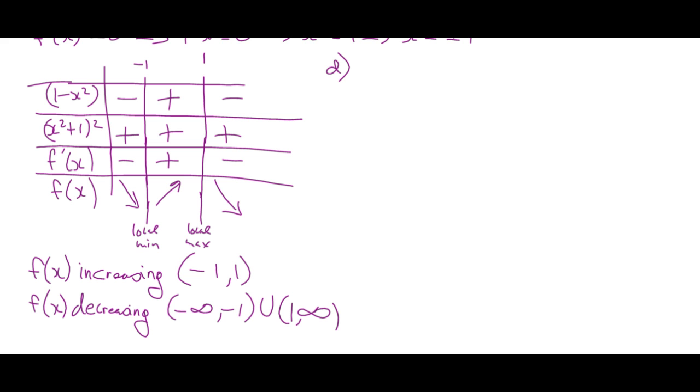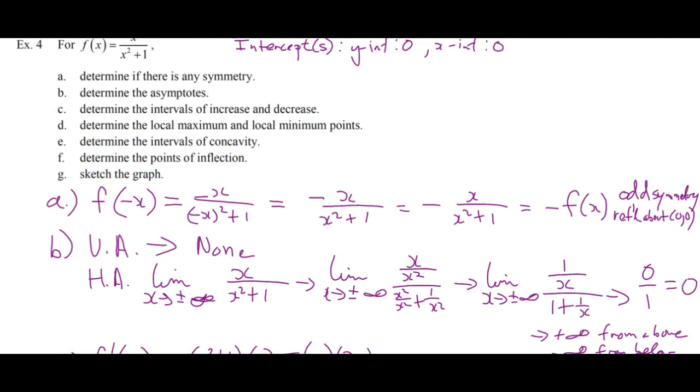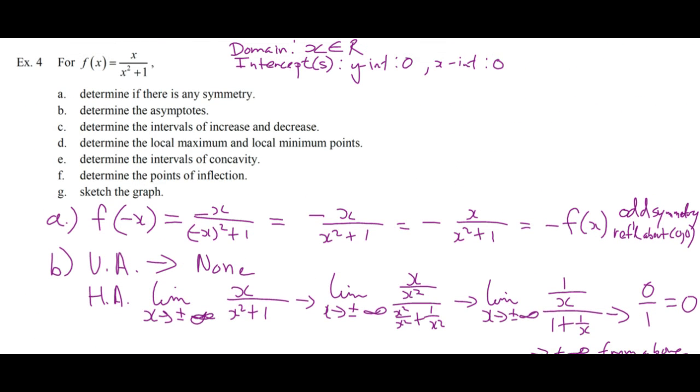So we know we have a local minimum when x is negative 1. So what's f of negative 1? Negative 1/2.